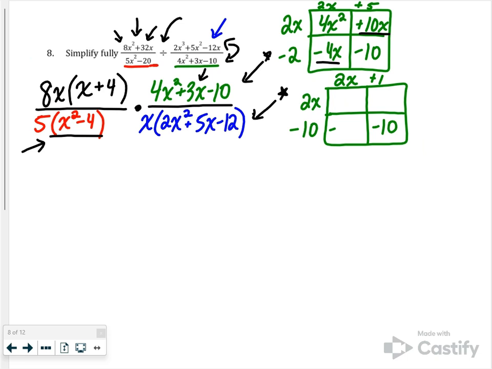Negative 10, negative 20x plus 2x, 4x squared. That does not seem to be working, actually. So this would be a 4x squared, but we're not getting the plus 3x that we need. So we just got 2 examples, and we didn't get really close to 3x.